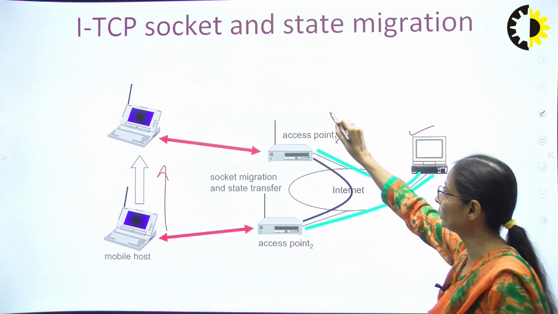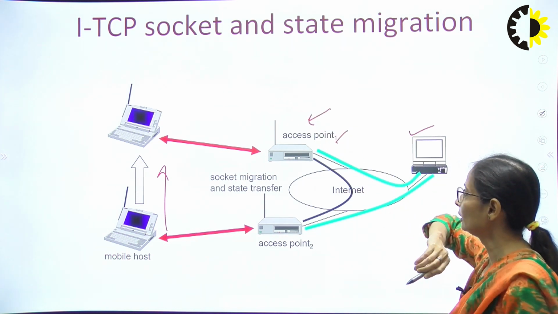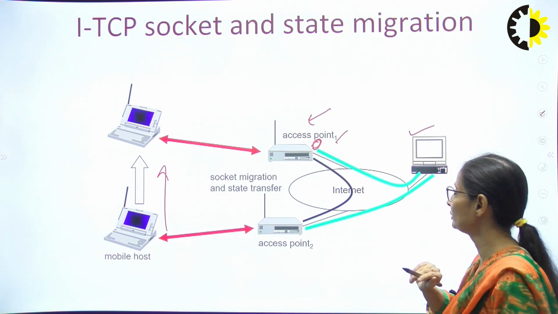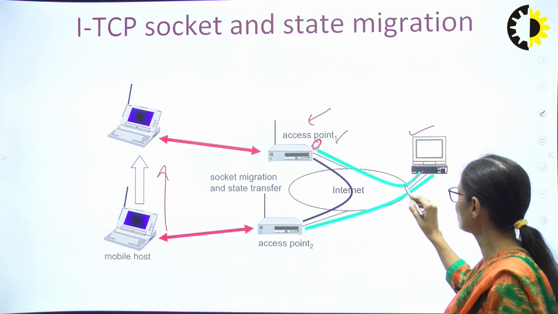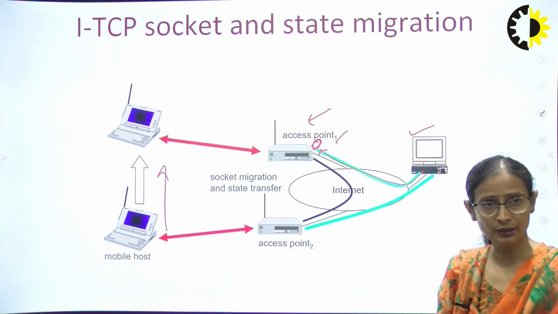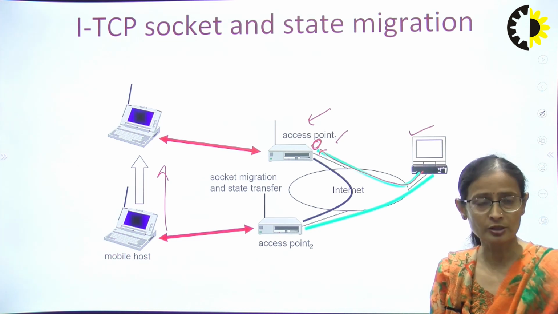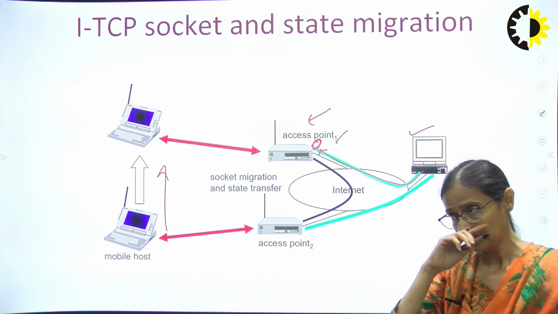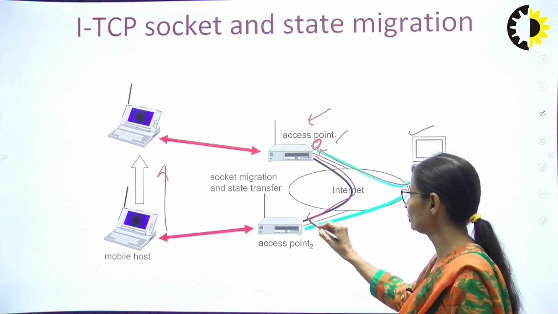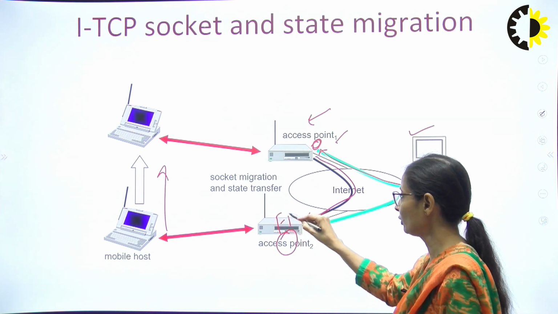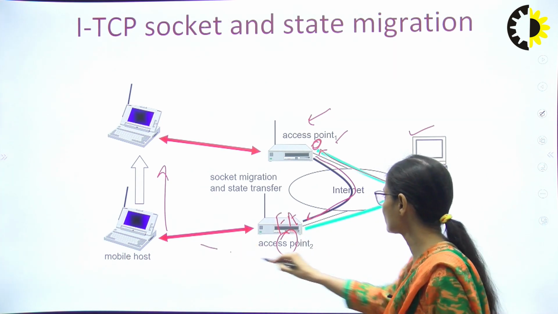Earlier the mobile node was communicating in this particular region, and it forwards the packet to the FA. Now the FA is aware that the host has moved and is now connected with another access point. So it forwards the packet to this access point, and this access point now becomes the foreign agent for this communication.